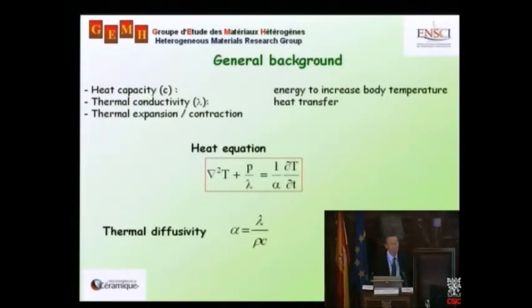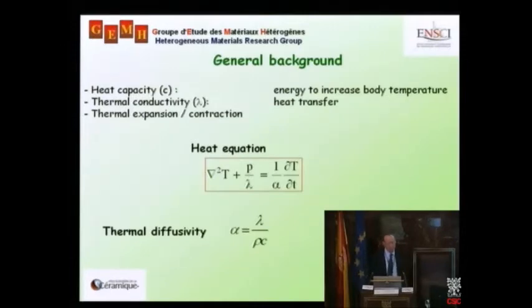So we find both of these parameters in the heat equation in terms of lambda, which is the thermal conductivity. And in the thermal diffusivity, it's defined as lambda over rho c, where rho is the density of a material, and c the heat capacity per unit mass.